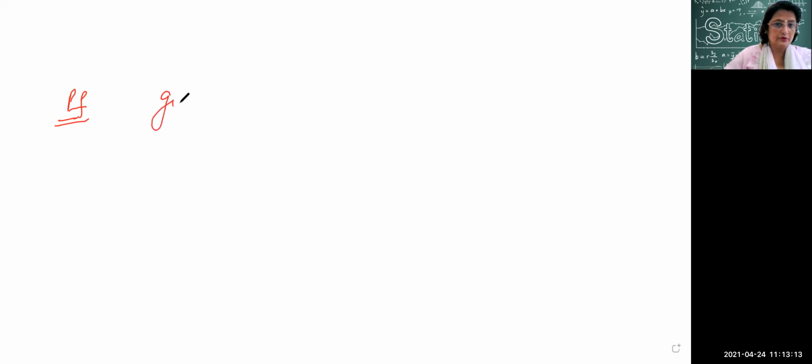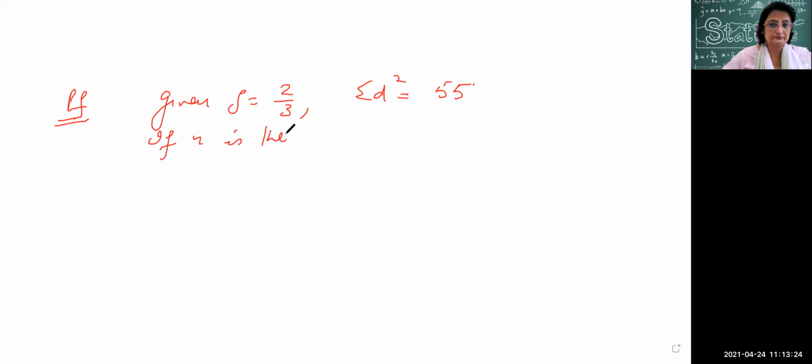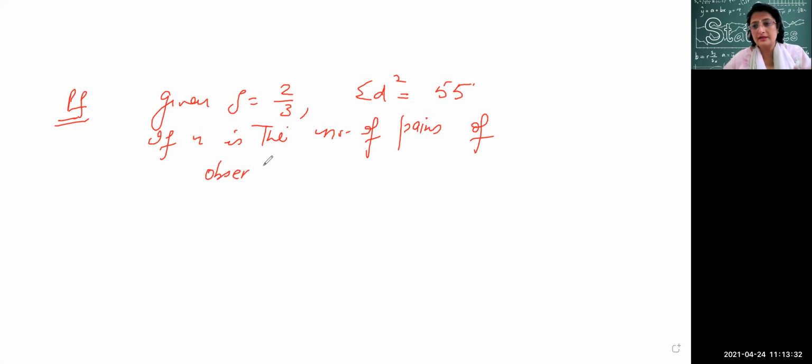So given, you will write given rho is equal to 2 by 3, summation of d square is equal to 55. If n is the number of pairs of observations, means x and y, they are written in a bracket in the form. जैसे x1 y1 है, इस तरह से ये इसको कहेंगे हम pairs of observations.